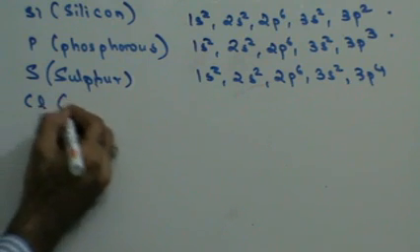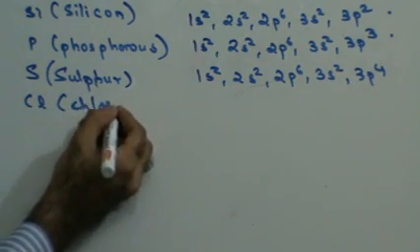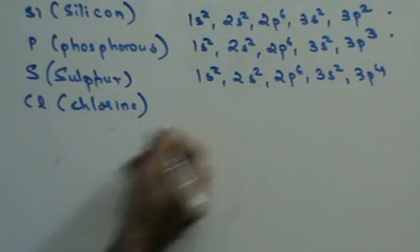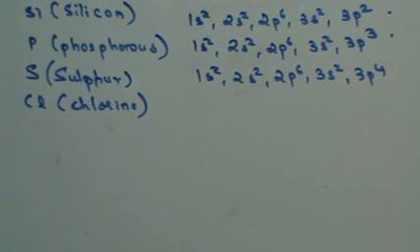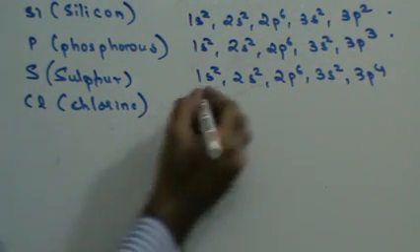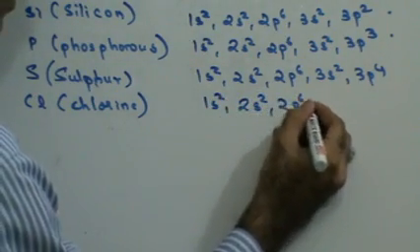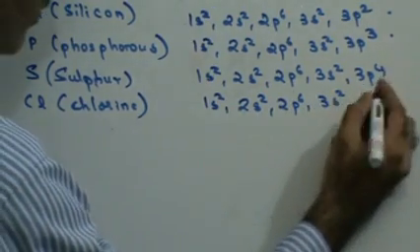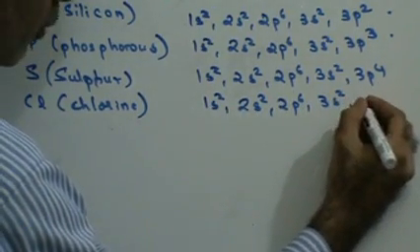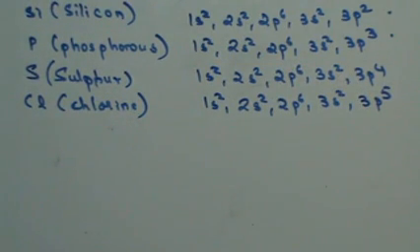Chlorine. Electronic configuration is 287. First orbit will take 2. Second orbit will take 8. Third orbit will take 7, out of which 2 will go in s orbital. So the remaining 5 have to go in p orbital.